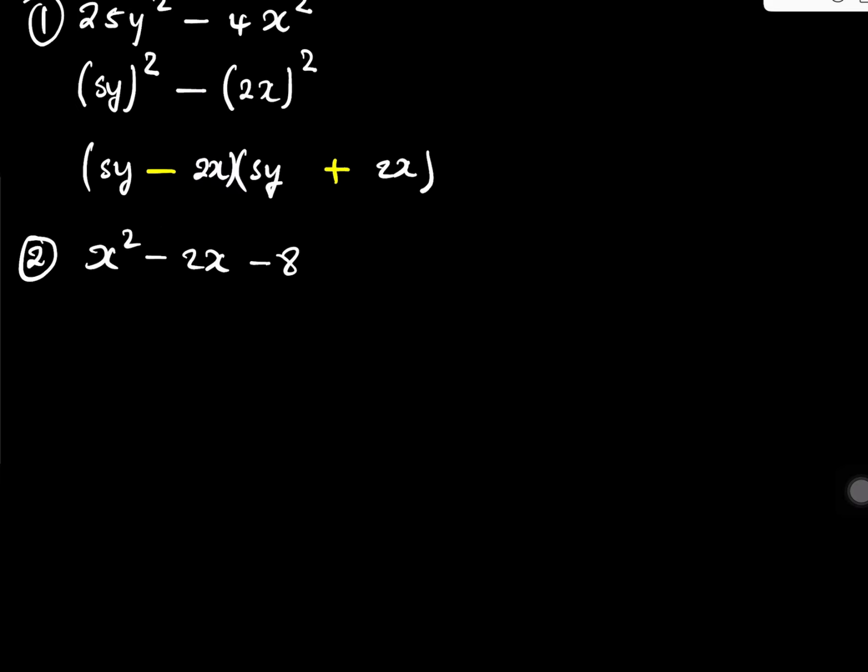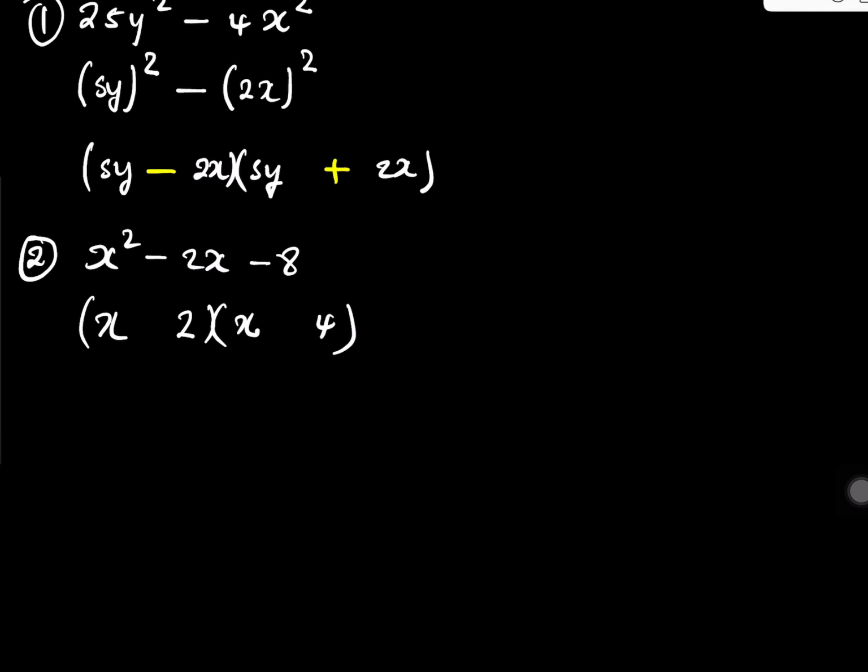Therefore, I'm going to have two brackets like this. The first terms should be the factors of x squared, in this case x and x. The last terms should be the factors of 8, so we have 4 and 2. It doesn't matter where you put them. I'm going to put a 2 there, then a 4 there.